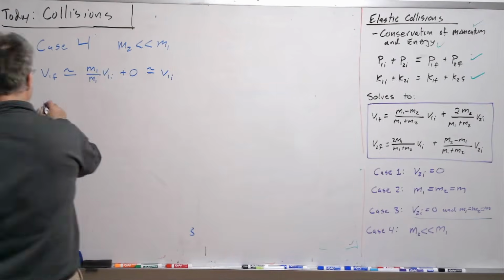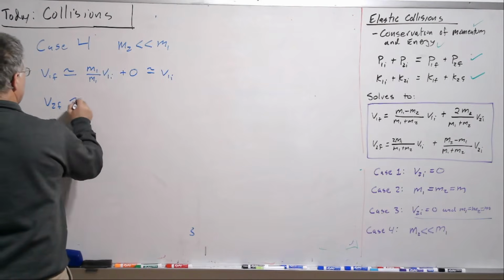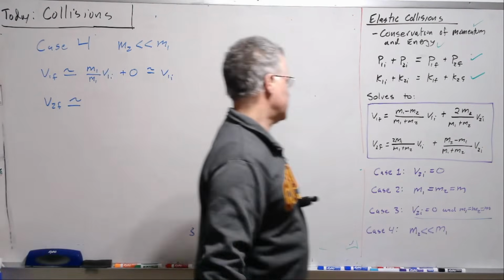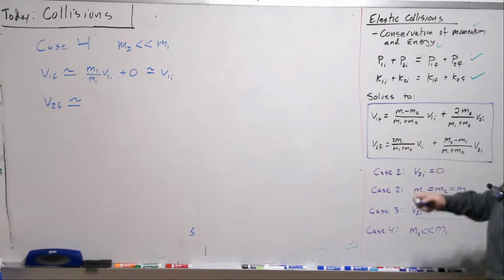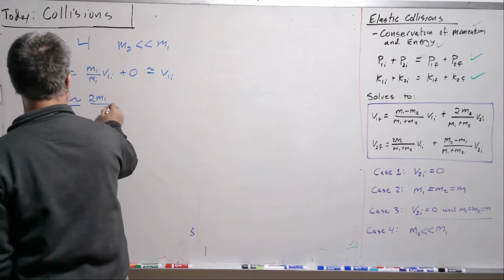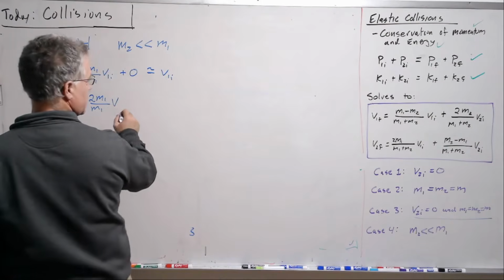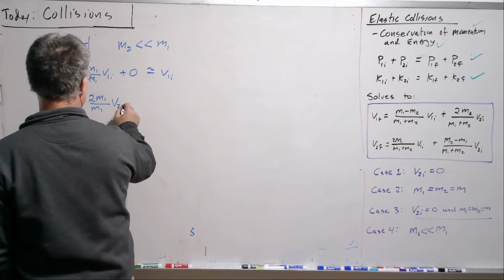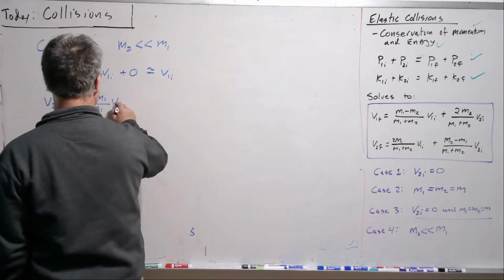And then V2 final. This will be 2M1 over M1, basically, V1 initial.